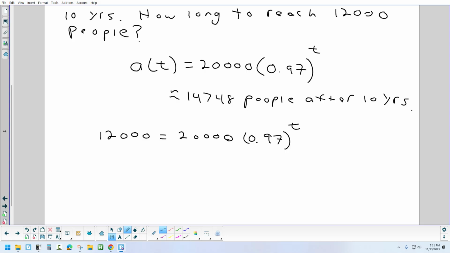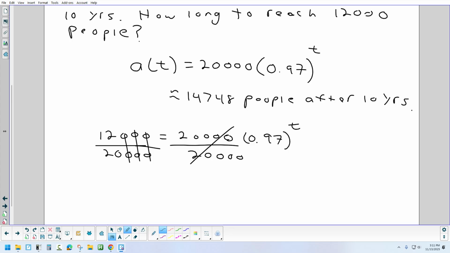All right. What can we do first to get t by itself? Divide both sides by 20,000. So that's gone. All those zeros are gone.